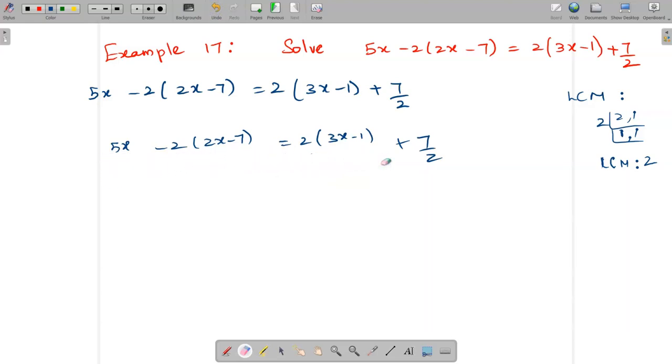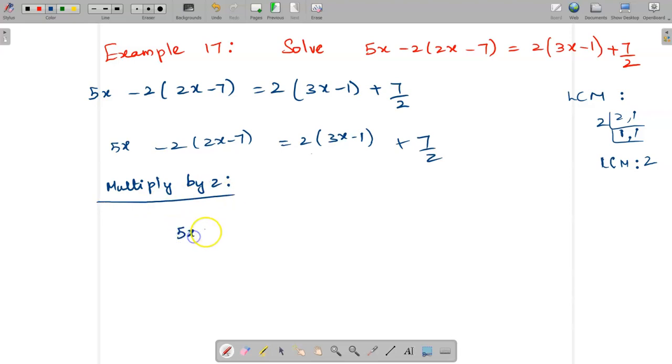I am keeping the equation as it is. For your understanding I have written the 1 in the denominator. What you have to do is multiply by 2 in all the terms of the given equation. You have determined that the LCM is 2, so multiply by 2 with the whole equation.